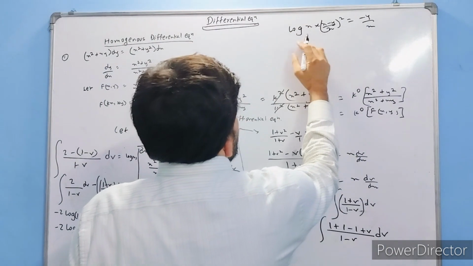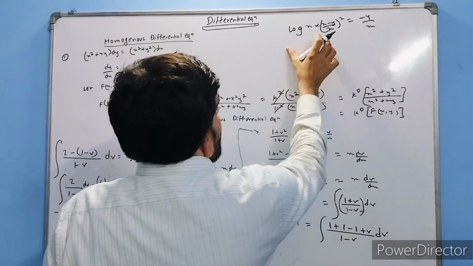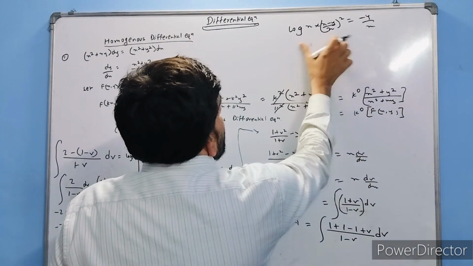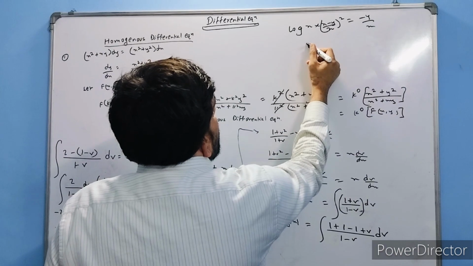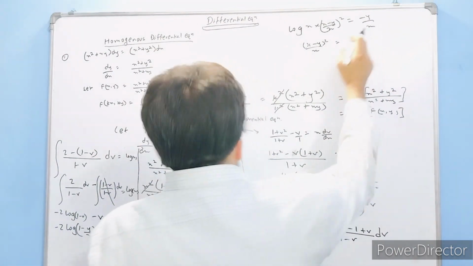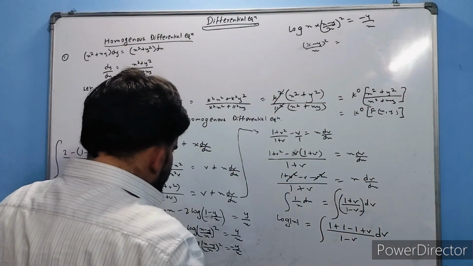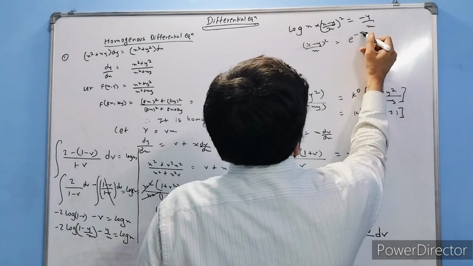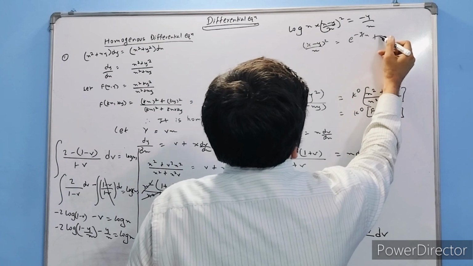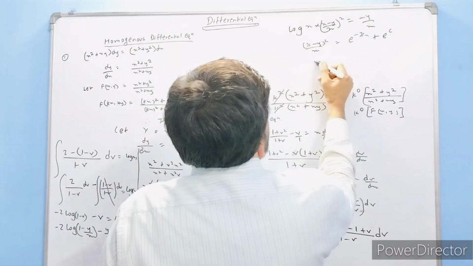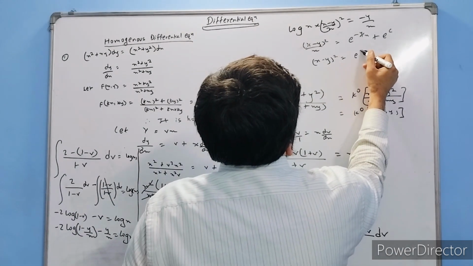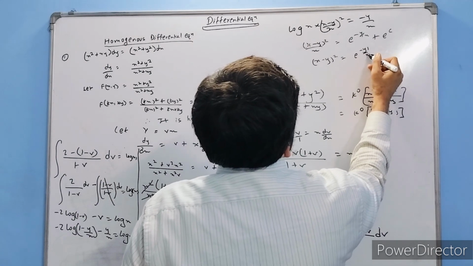Now removing log from both sides, I have x into x minus y upon x, whole square, is equal to e raised to the power minus y upon x plus c.